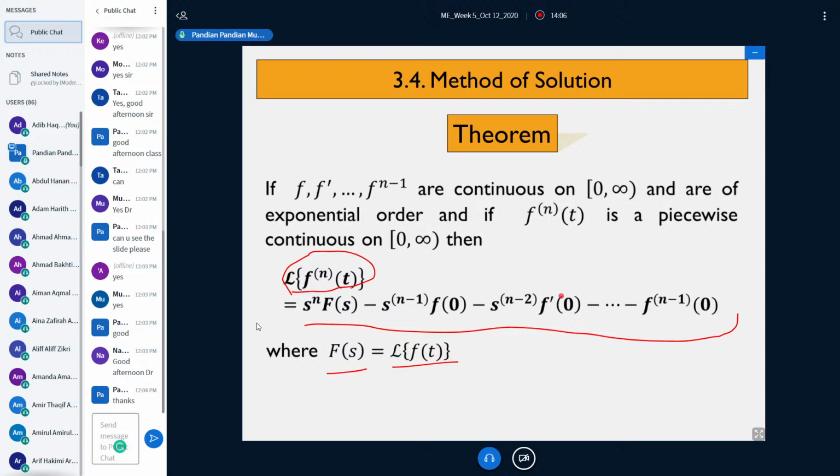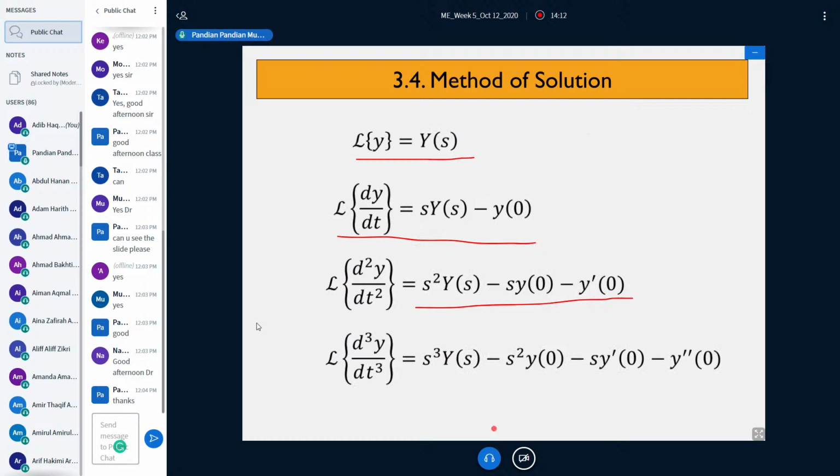This equation is already proved, so you need not prove this. We just quote it. You use this and then you create this: Laplace of dy/dt equals sY(s) minus y0. Laplace of d squared y/dt squared equals s squared Y(s) minus s y0 minus y dash 0.